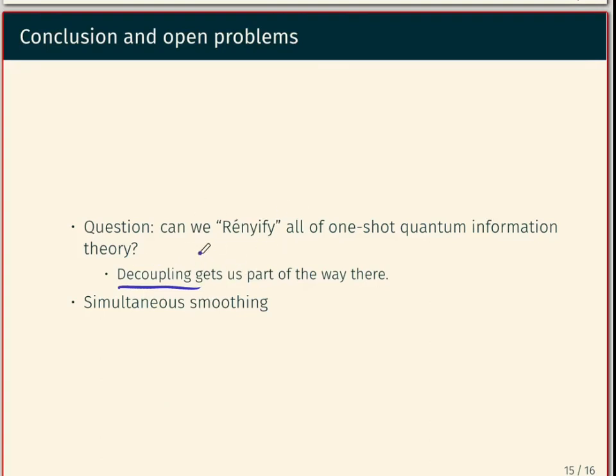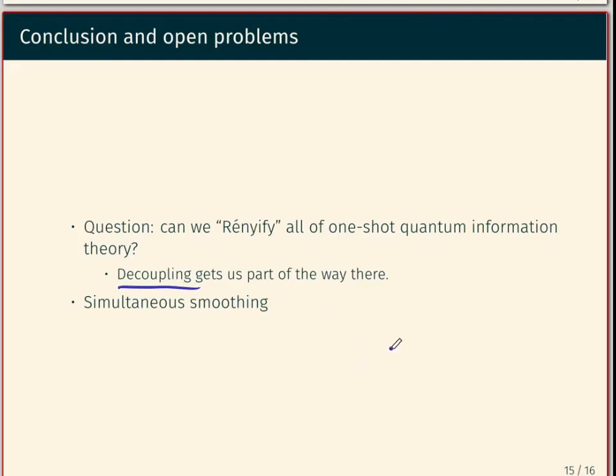And so if we take the Rényi version of decoupling that is in this paper, we can get all kinds of other results as well. Now the problem is that this approach is going to give us linear combinations of H_alpha terms, which are not going to be optimal in general.